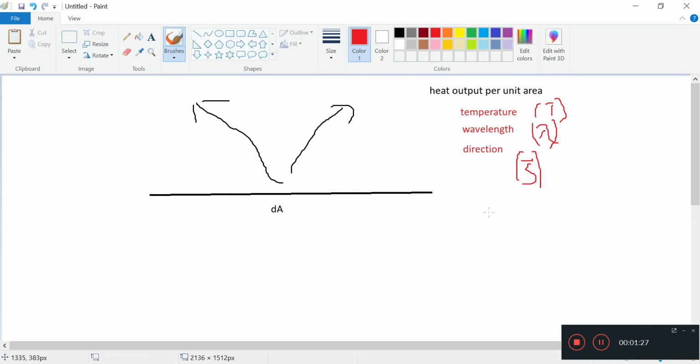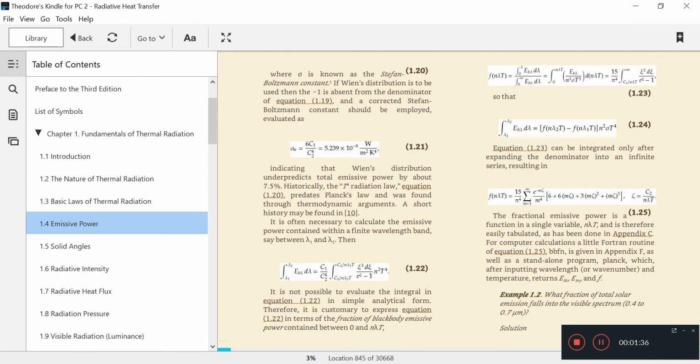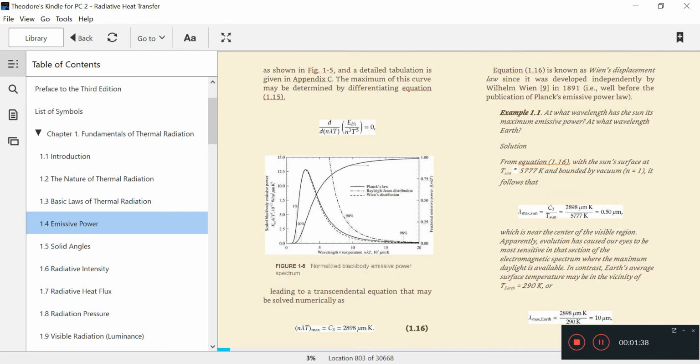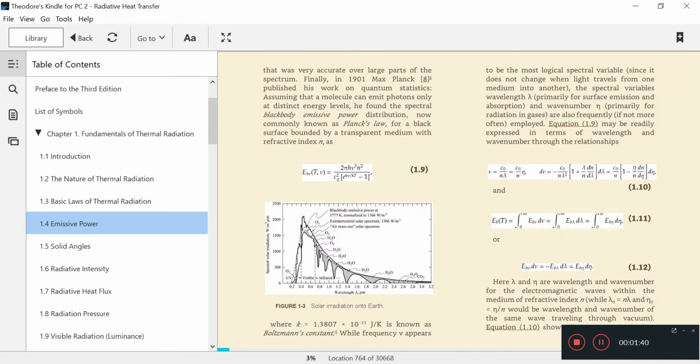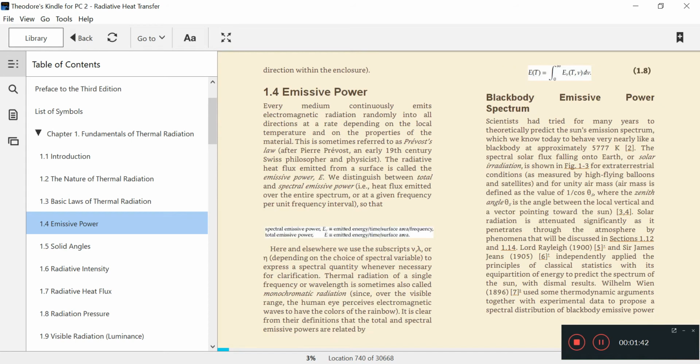So how can we characterize direction? This is what we're going to look into in this video, so that we can see how you normally do directional dependence. You can take a look at this. This is how we did it previously. Spectral emissive power, that's the energy per unit time per unit surface area per unit frequency.